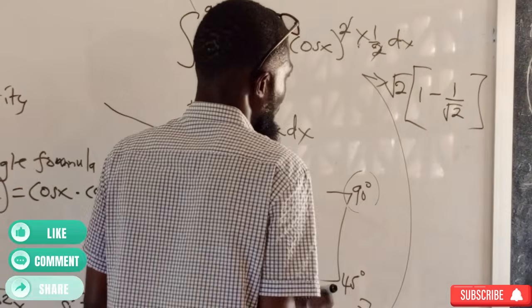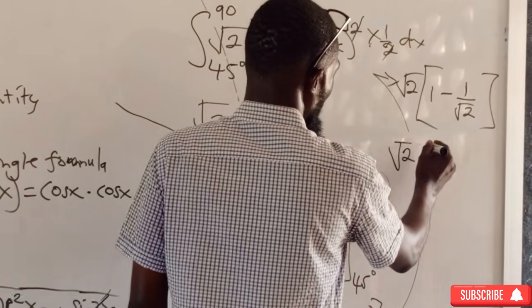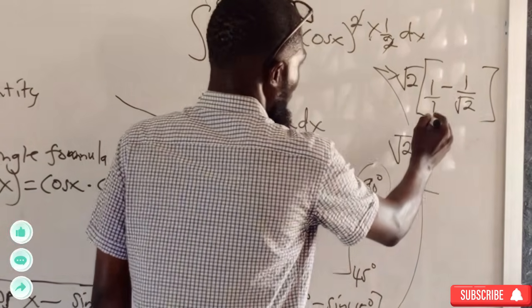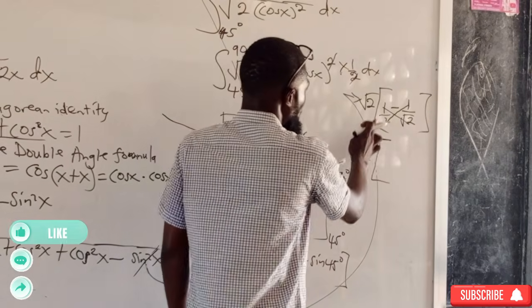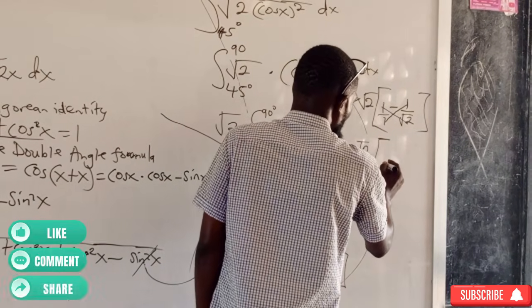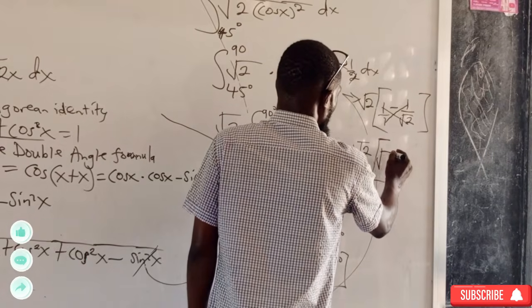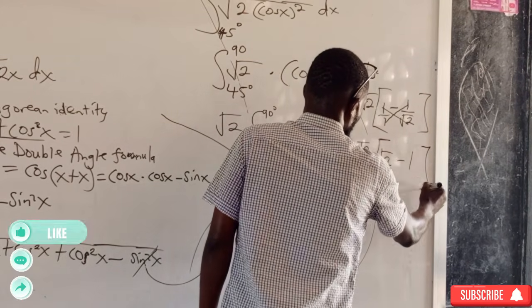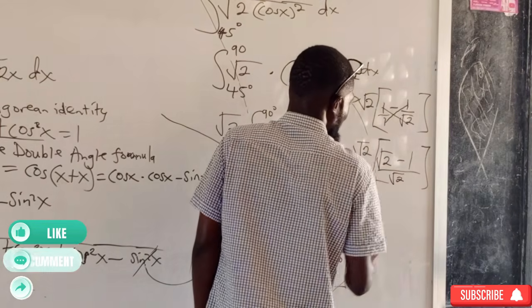Bracket closes. What do we do next? We see the square root of 2, bracket open, we balance the gap by 1. This will count to this one, this will count to this, we cross multiply. So 1 times the square root of 2 becomes the square root of 2, minus 1 times 1 automatically is 1 over 1 times the square root of 2 is the square root of 2.